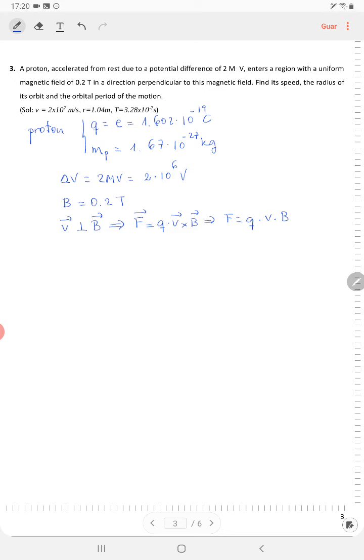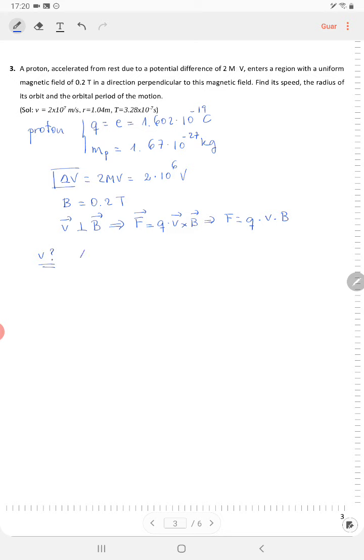So the first thing they ask us to do is to find its speed. So we don't know the speed of the particle, and we have to determine it from the data of the problem. And this is not very difficult if you realize that they are giving us the potential difference which we use to accelerate the proton. So the idea is that once you have accelerated this proton, because you have changed the potential energy into kinetic energy.